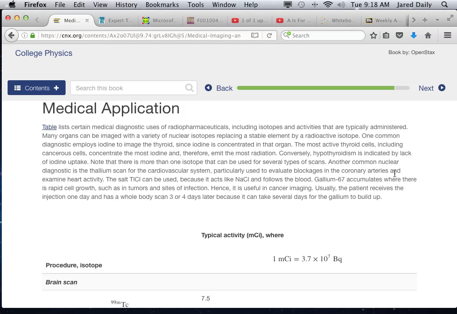In order to use radioactive isotopes for imagery, you have to somehow get the radioisotope into the place connected to the thing that you want to know about. That can be done by injection or by breathing it, or by placing the material in the body in another way. But really what you're doing is selectively putting this radioactive material inside of the patient and then watching as the radiation comes out.